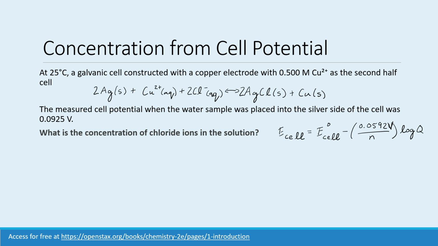So we've already calculated the standard cell potential from one of the previous steps. Remember, that was the 0.115 or 0.1147. So we know that the standard cell is 0.1147 volts. And then they tell us in the question that the measured cell potential, right, and if they're measuring a value, that is E cell.